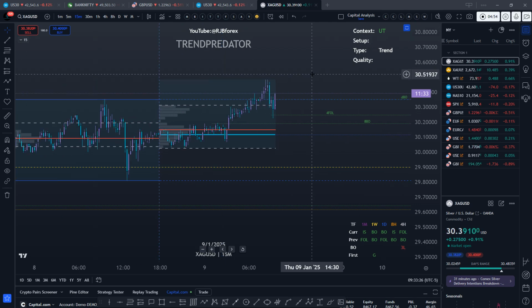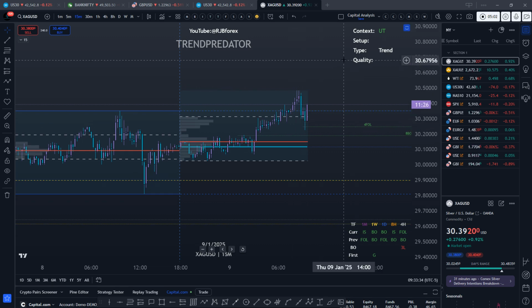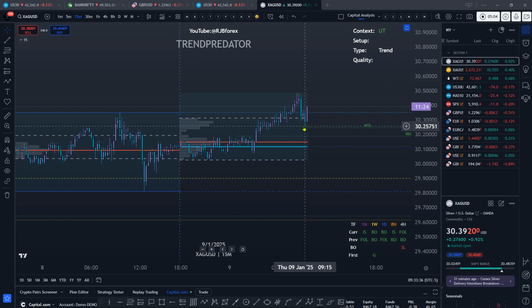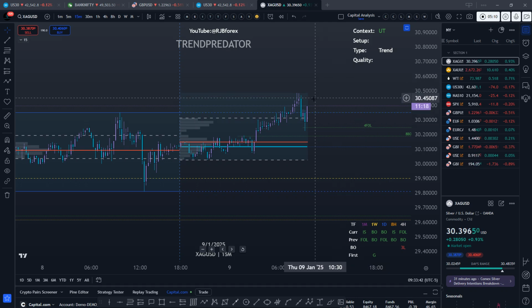Okay, and I've got certain rules which need to be applied in order to take a trade long, but those rules are reserved for my students. But at the moment, there are prospects of a continuation to the upside. That is for silver, so that's bullish.